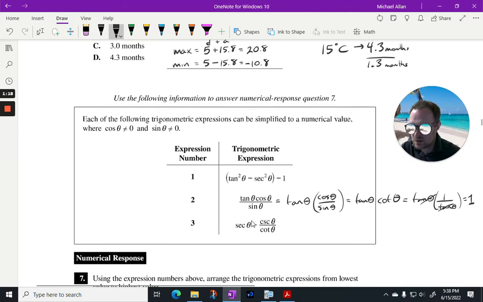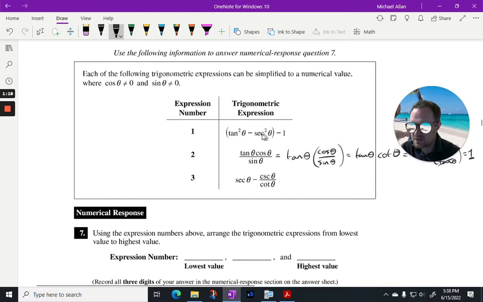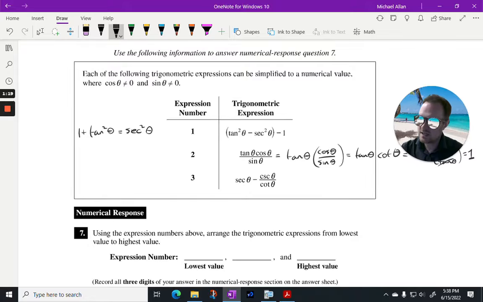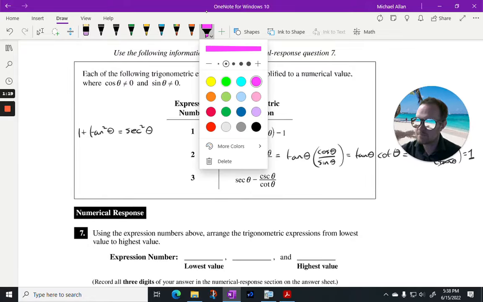Let's see what the next one is going to be. This tan squared one? That's not too bad. There are a couple of different ways you can change the tan squared. Looking at my formula sheet, there's a tan squared and a secant squared there. If I rearrange the equation 1 plus tan squared theta is equal to secant squared theta, is there a way to make it look like what's inside the brackets here?